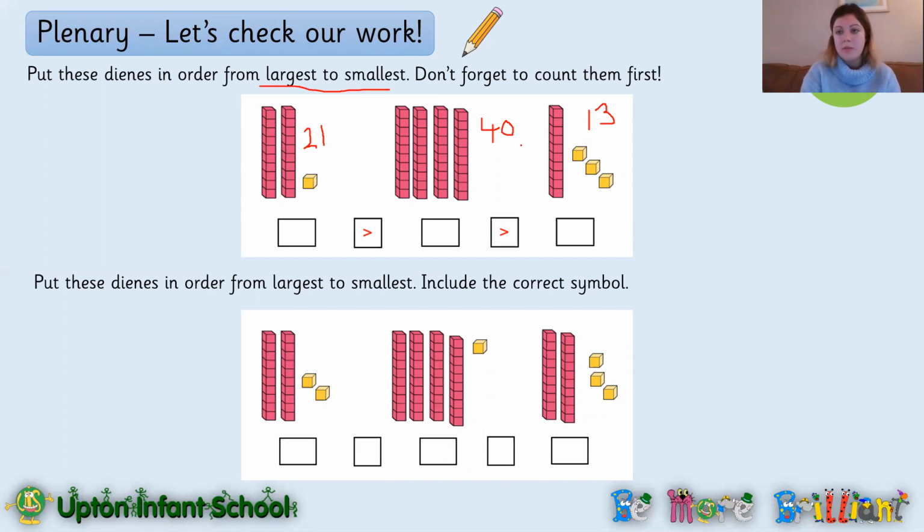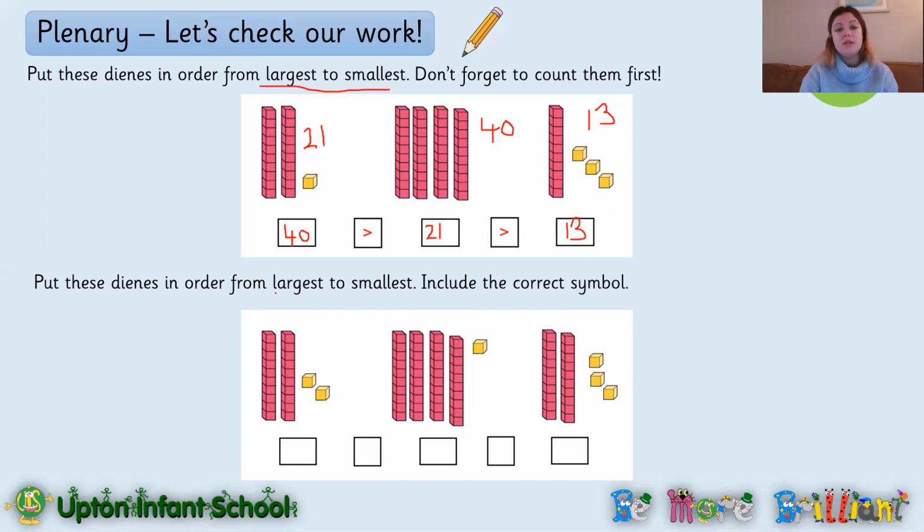So my largest number, using your 100 square to help you, would be 40. And then my next number would be 21. So that means my smallest number in this group is 13. And I can check that because 40 is more than 21 and 21 is more than 13. So well done if you got that right.